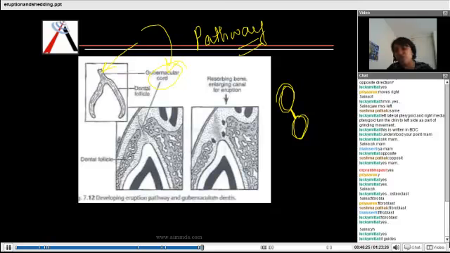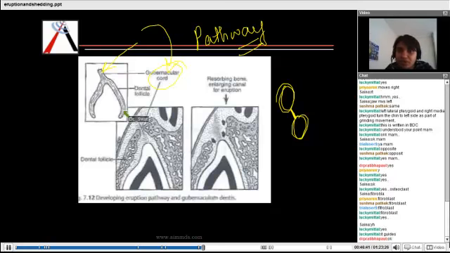You understand the difference between the two? The cellular structure which is packing up that bony canal is the gubernacular cord, but that bony canal that joins the permanent and the deciduous tooth is your gubernacular canal. Okay, so this is your gubernacular canal.